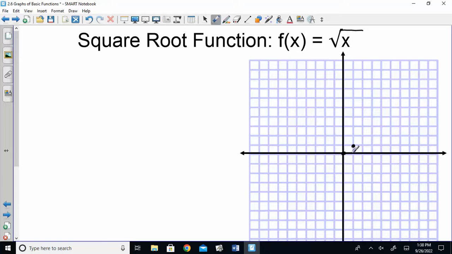What's another nice number? 4. Square root of 4 is 2. One more nice number? Square root of 9 is 3. This one we can't plug in negative, so it doesn't extend in the negative direction. Just goes this one way.